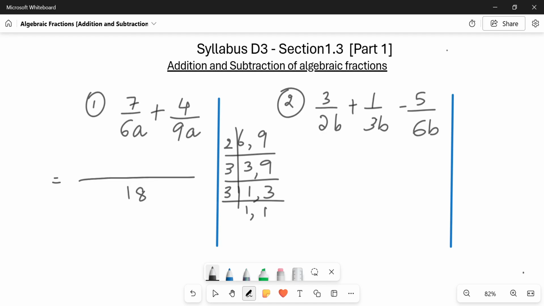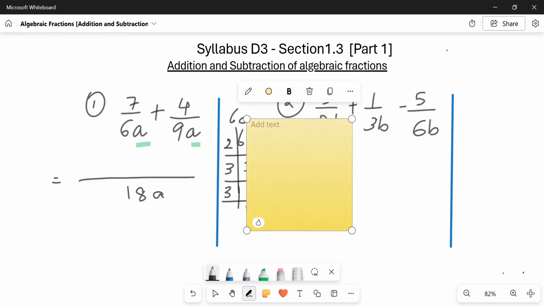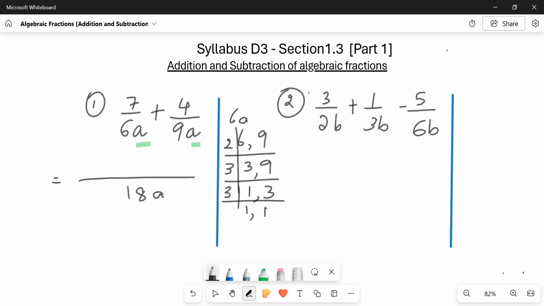What about this A and A? So we will take A as a common, right? Or you can say that if it's written 6A and 9A, we'll take A. So A and A should be cancelled out. Or you can do it like A as a common, okay?